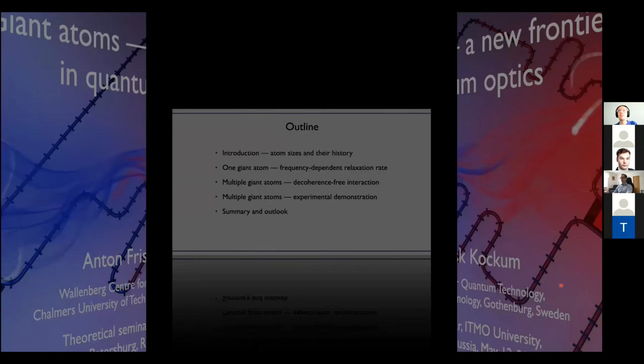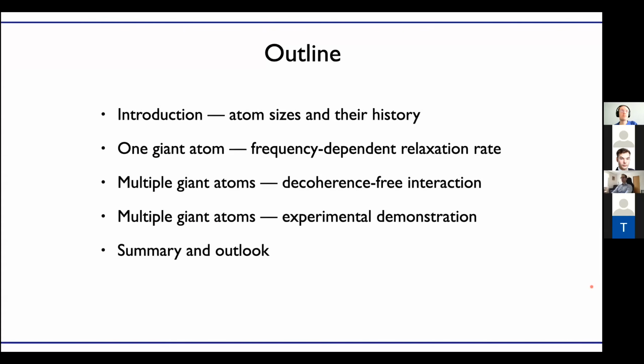To give an outline for the talk, I will start with answering the question that's on everyone's mind right now: what is meant by a giant atom? So we'll talk about sizes of atoms and their development.